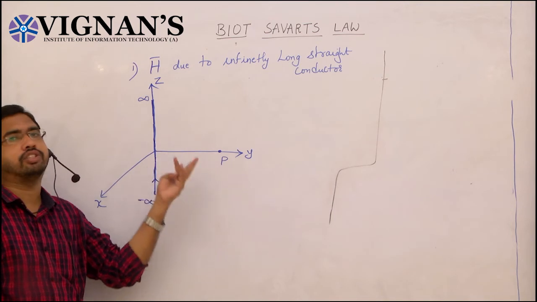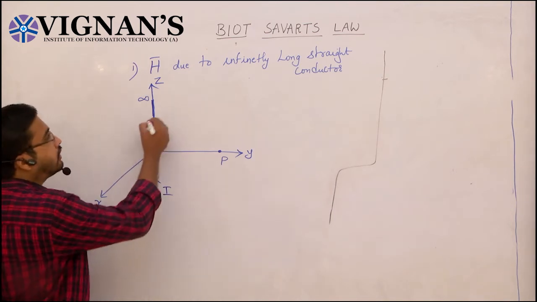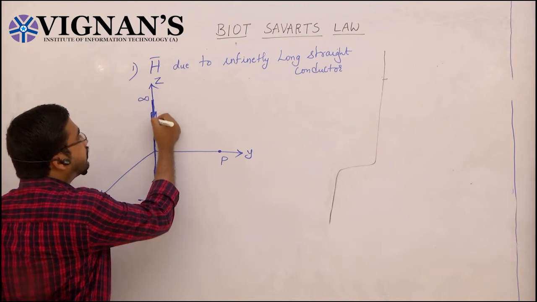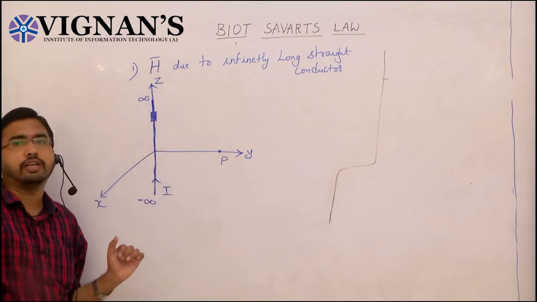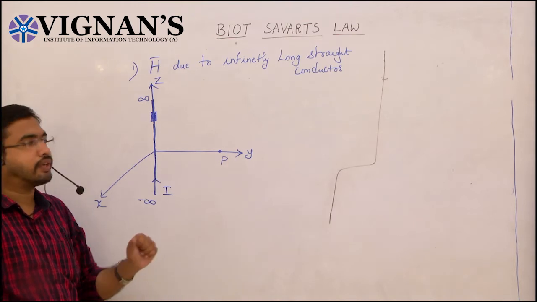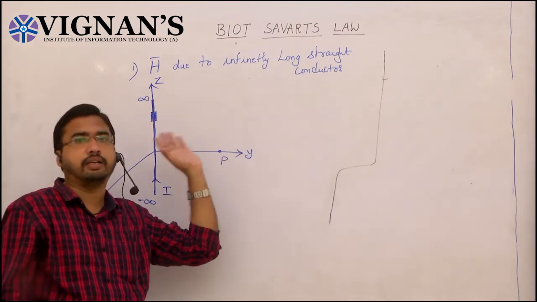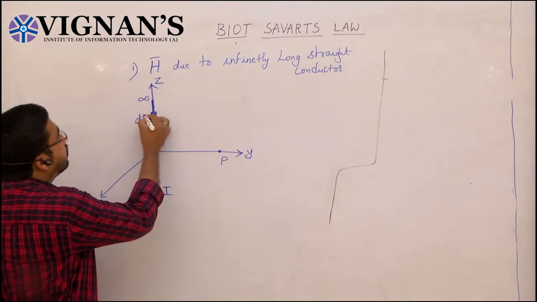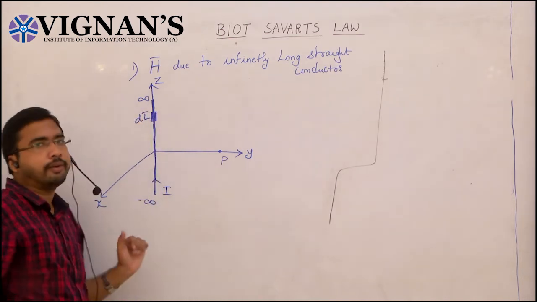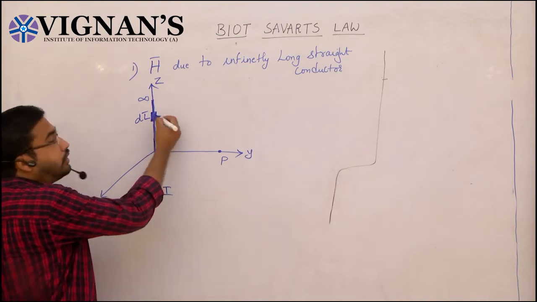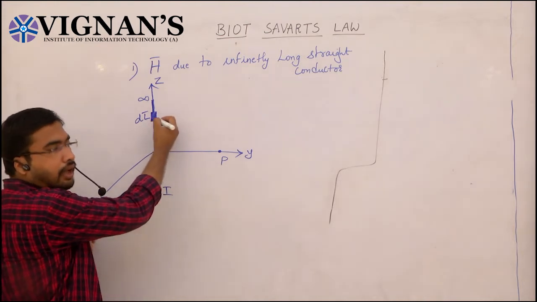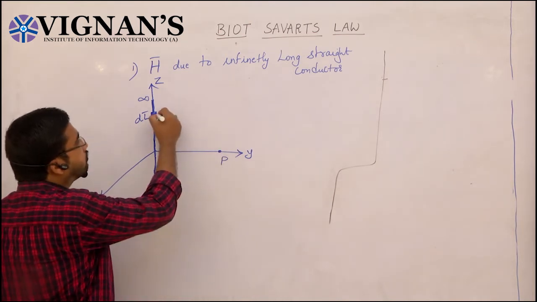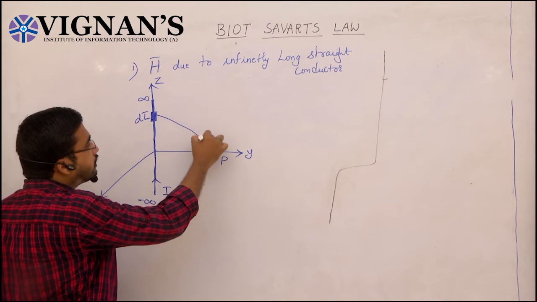Instead of finding H due to the complete length, first take only a differential current element. For every derivation this is common. We will first consider only a small differential length, and after that we will integrate and find the complete intensity. Now consider a differential length element dl. Due to this differential length dl, I want to find the magnetic field intensity at this point P. So I am marking the distance.